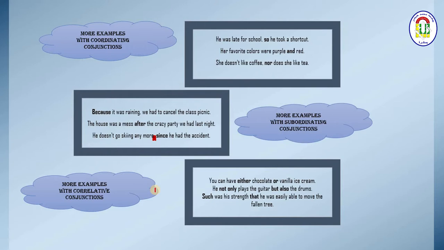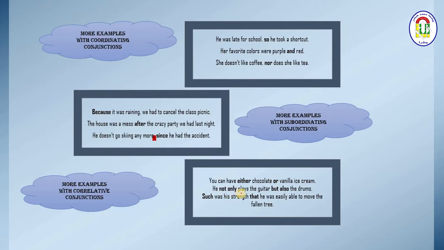Okay, so let's see more examples with correlative conjunctions. You have either chocolate or vanilla ice cream. Here it is two classes: noun, noun. So here we have the noun phrase, and here we have a single noun.